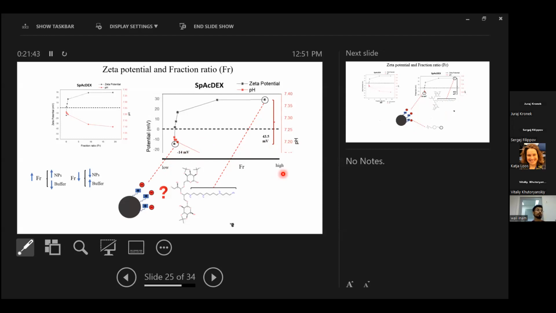That was a little bit surprising because we expected it to still be positive, as we have these polyamine chains on top. So the question was what was happening.